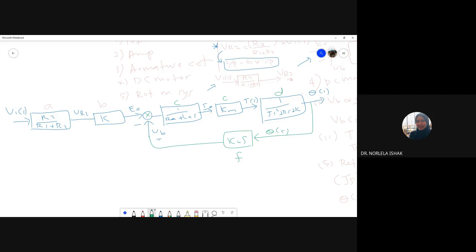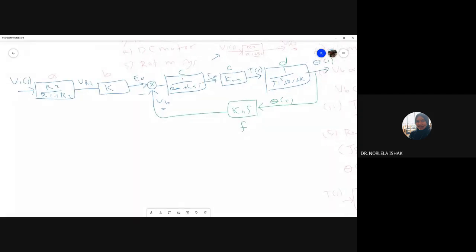First you boleh cascade A and B. You can cascade A and B, right? Betul tak? This one. So maybe we cascade here. You can get AB. The input is VI. And then it goes to summing point.